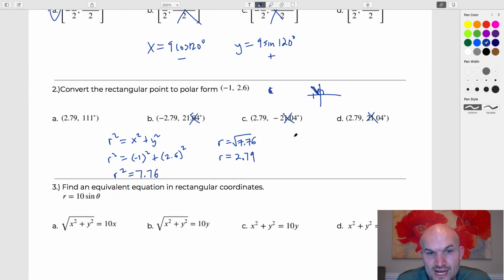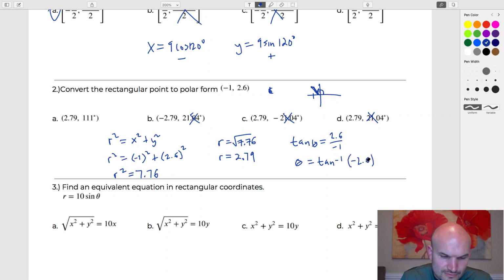Our angle is going to be the tangent of theta is equal to 2.6 divided by negative 1. So theta is equal to tangent inverse of negative 2.6. We go ahead and do tangent inverse, and we're in degree mode, right? So tangent inverse of negative 2.6.